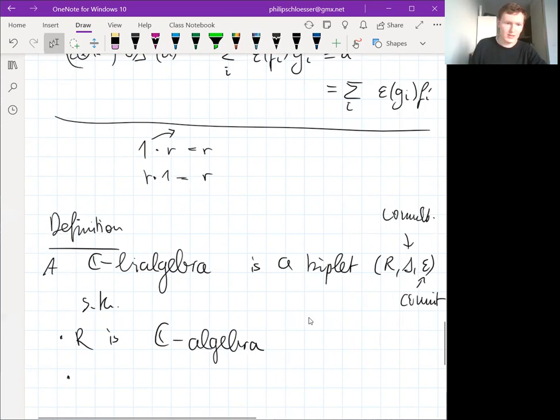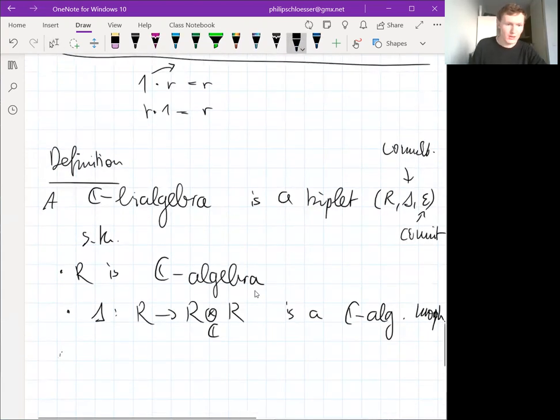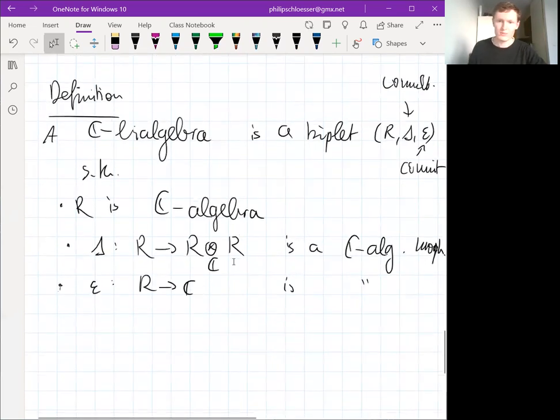Then delta, and to be fair, that's basically just the stuff we've found out so far, is a C algebra morphism. Epsilon from R to C is a C algebra morphism. Then we have the co-associativity law.